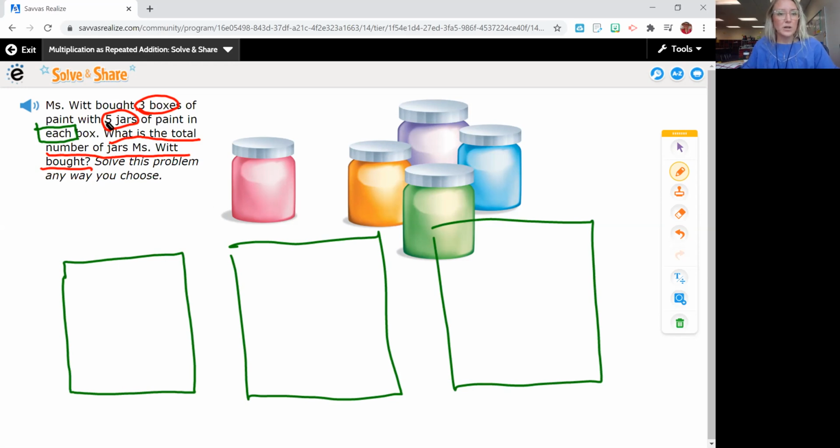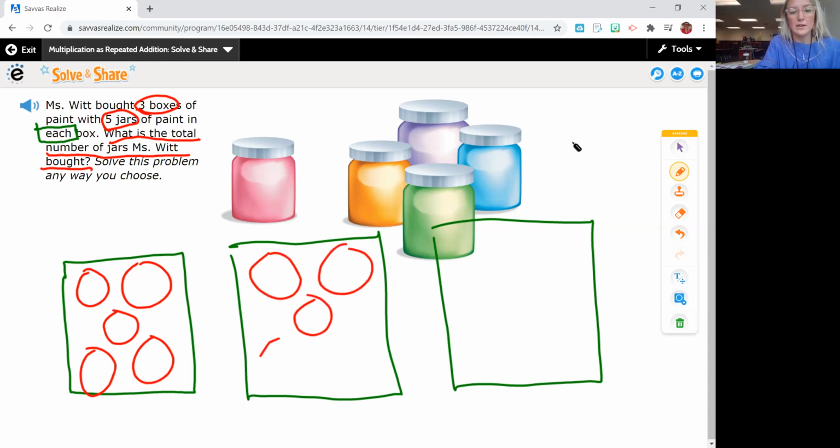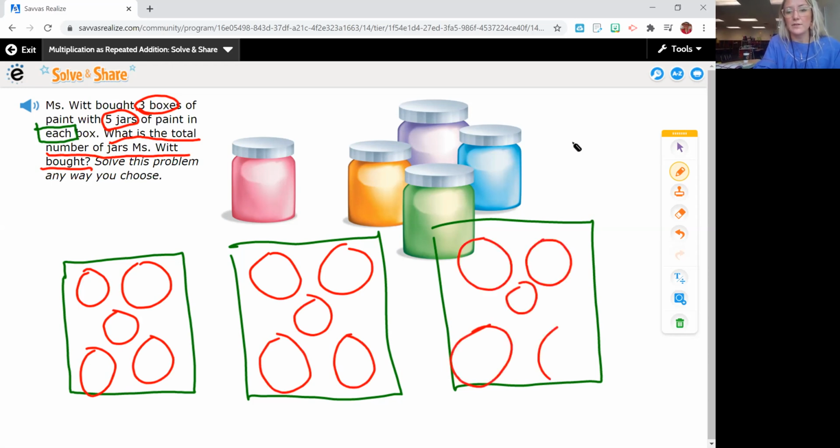Now I need to draw 5 jars in each of those boxes. So I'm going to choose another color, and I have 5 jars. 1, 2, 3, 4, 5.